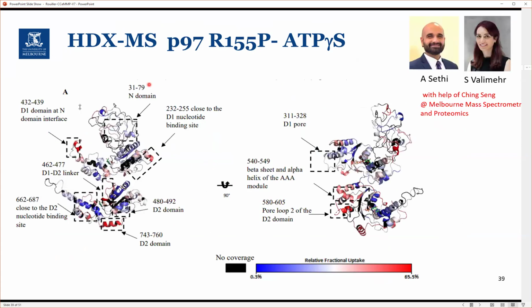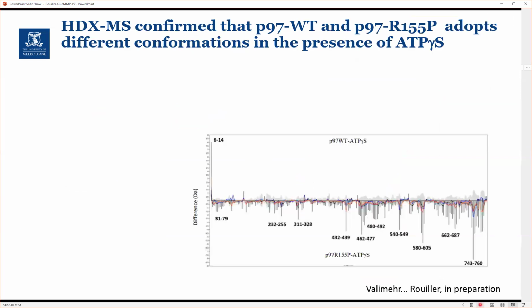So then what you can do is plot the regions of the protein that are uptaking deuterium very quickly. And what we saw is that this region of the protein uptook deuterium much faster than others, and quite surprisingly, the deuterium uptake was mostly in the D2 domain, so this domain that is opening in our mutant.